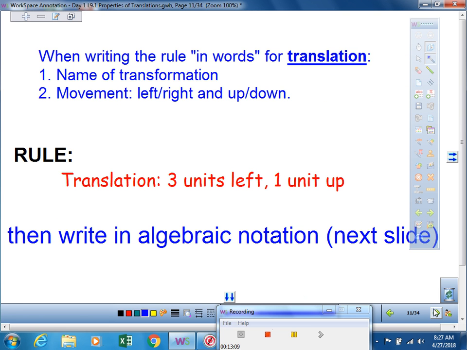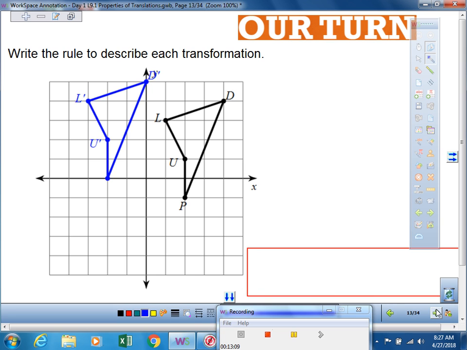All right, so let's try some out. Okay, you have this one on the next page. So we're going to write both rules. The first thing you look at, okay, this is our first transformation.